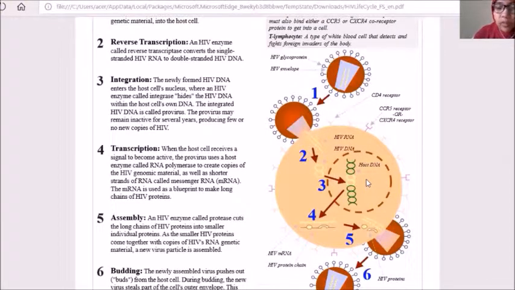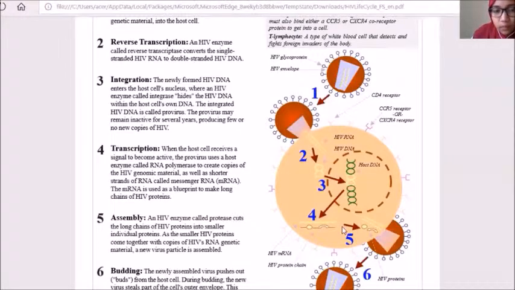There are now some active and some remaining. When the host receives the signal, the provirus becomes active and uses a host enzyme called RNA polymerase to create copies of HIV genetic material, as well as a shorter strand of messenger RNA, mRNA. This mRNA is used as a blueprint to make a long chain of HIV protein.